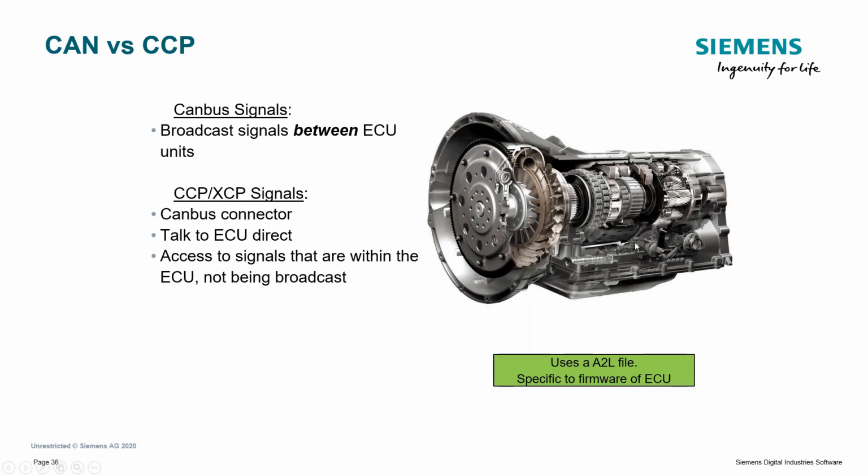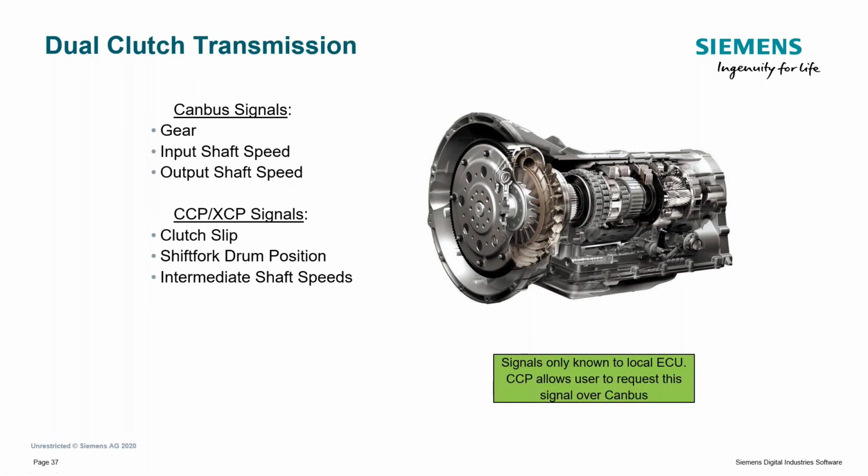So let's take the example of a transmission. For example, the engine needs to know what gear the transmission is in, needs to know the input speed to the transmission. It needs to know the output speed, right? But it probably doesn't need to know what's going on inside that transmission. So some things we're not going to transmit to the engine. Things like whether the clutch is slipping or not.